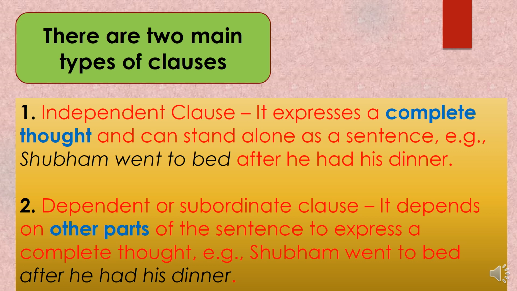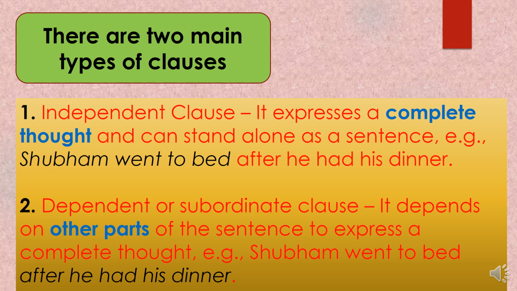the independent clause. So it is called the dependent clause because it depends on its first part. Without its first part, it cannot explain its meaning at all. See, Shubham went to bed after he had his dinner. So Shubham went to bed is alone a complete thought.